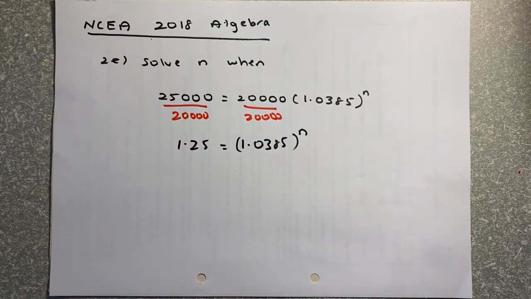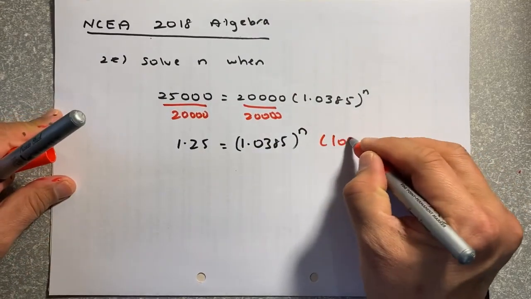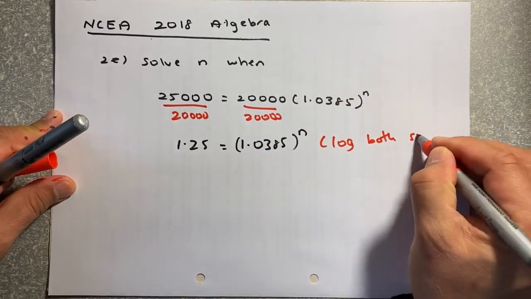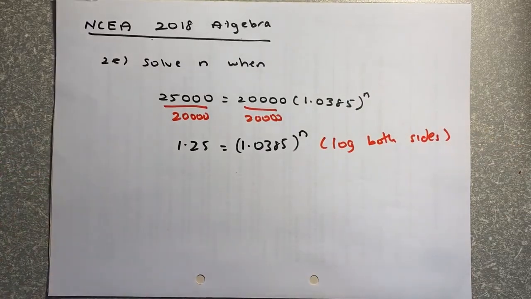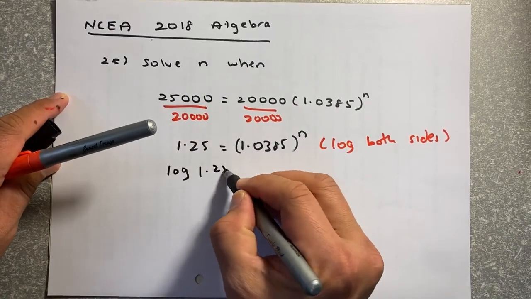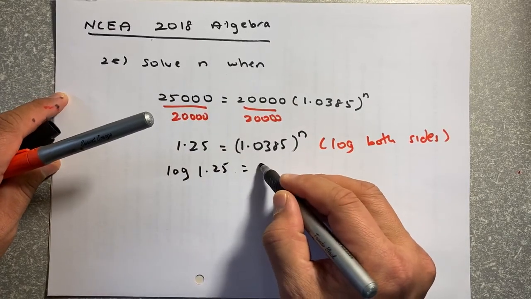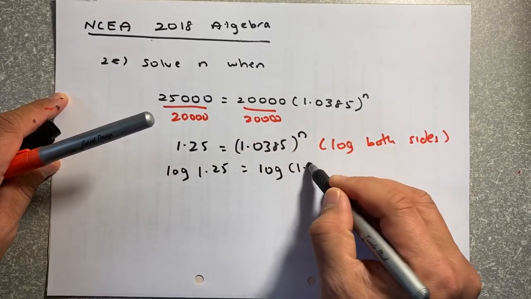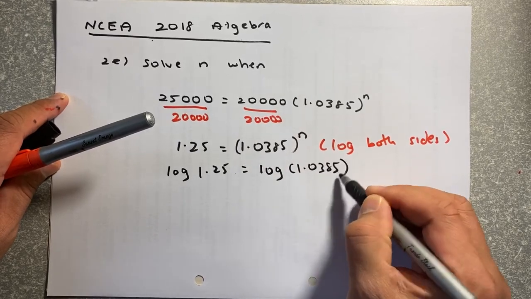The next thing you do, you're going to log both sides. So it's going to be log 1.25 equals log 1.0385 to the power n.